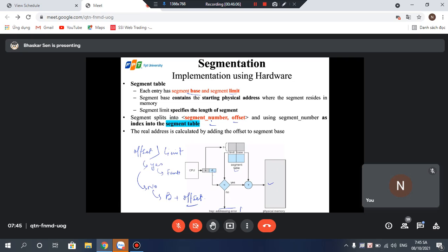Now, that whole part we understand. The next big question that comes up is who will do this? Who will do the segmentation? We are talking about segmentation as a wonderful, novel idea where the program is split up into different parts, and the CPU will generate a whole bunch of address spaces.